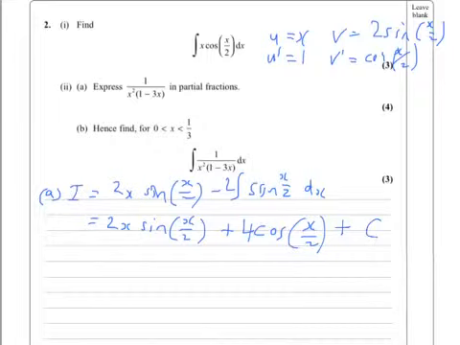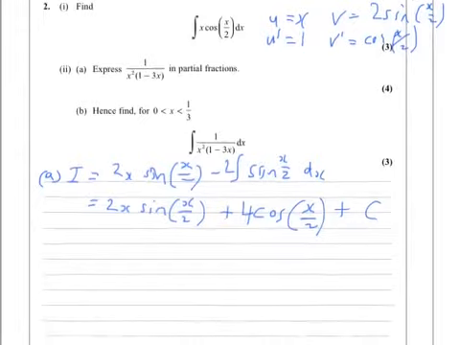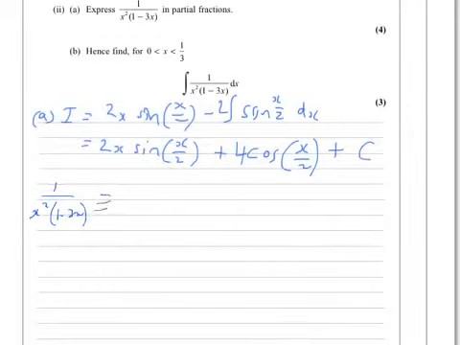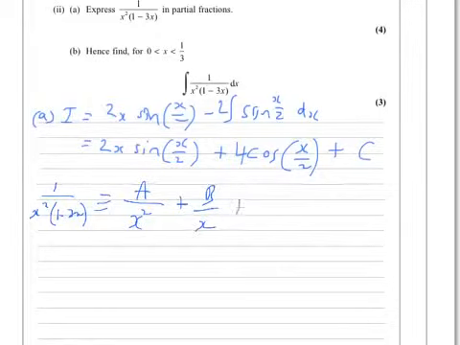Part B, express something in partial fractions. Part 2, sorry, question 2. Partial fractions, then we get 1 over x squared times 1 minus 3x must be identical to something over x squared plus something over x plus something over 1 minus 3x.